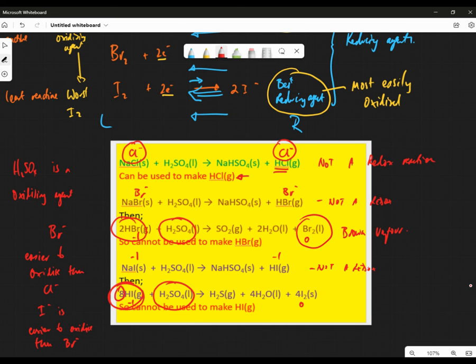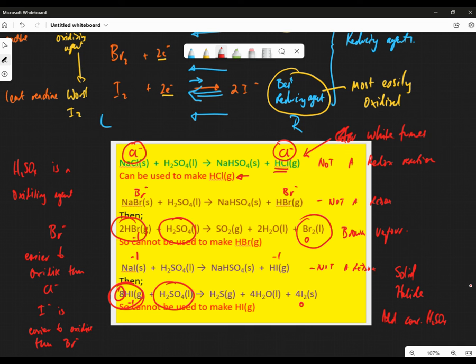So a good test if you have a solid halide is to add concentrated sulfuric acid. If it's a chloride, we'll get white fumes.